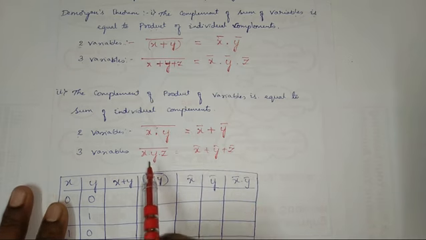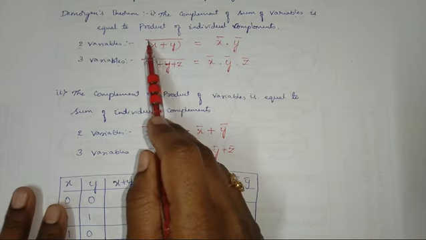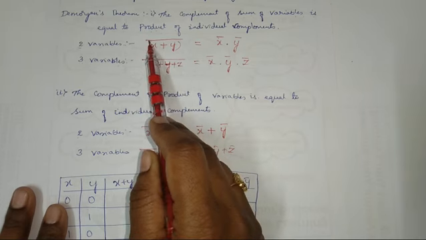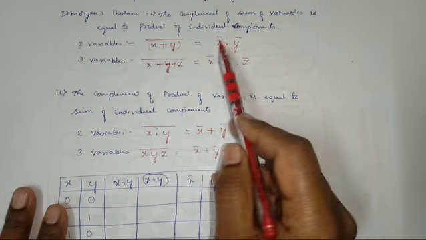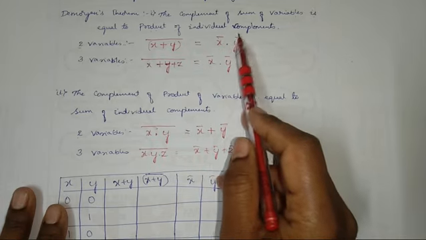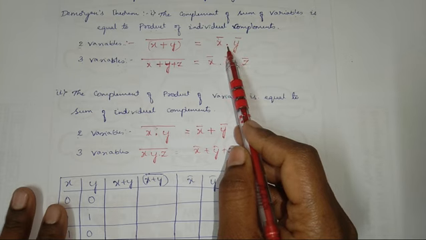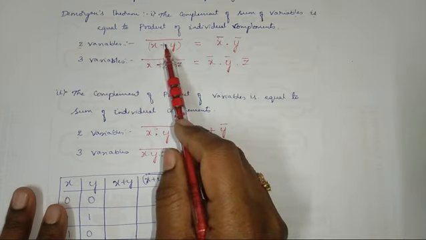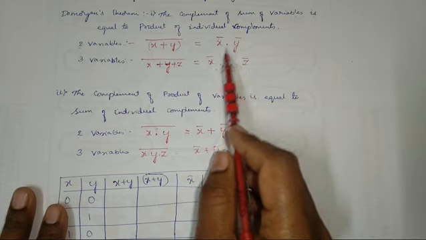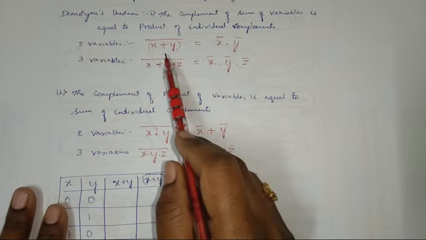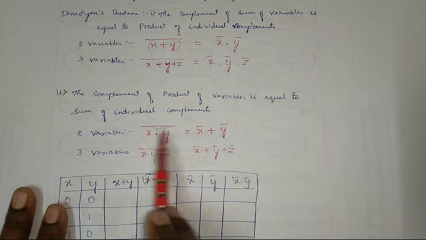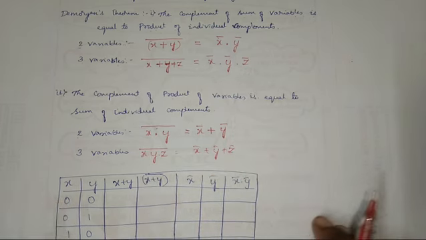Similarly for this, x plus y whole bar is equal to the individual complements, x bar, y bar. If there is plus, replace it with into. If there is and, replace it with or. If there is or, replace with and. That's it. You have to take the individual complements.